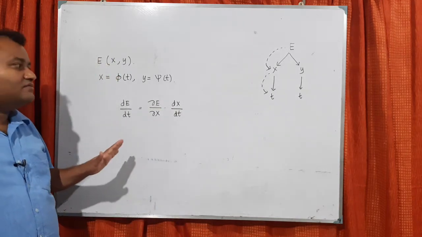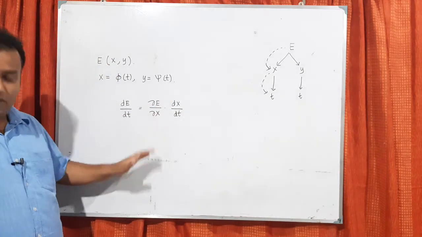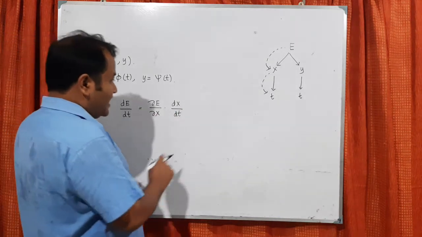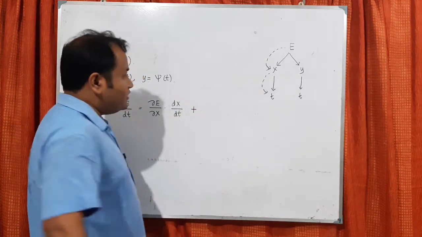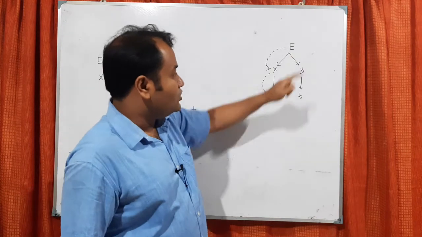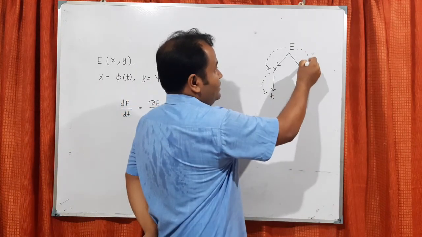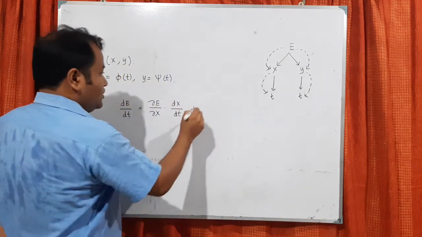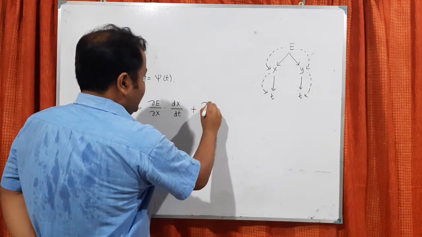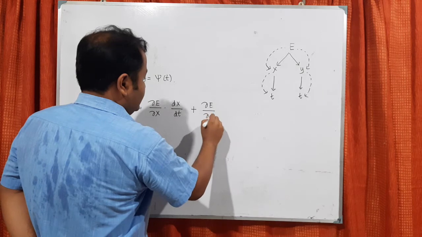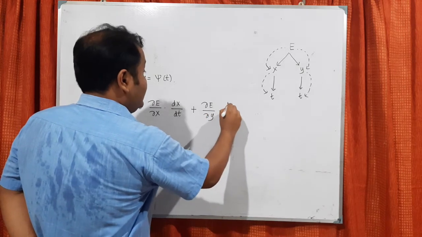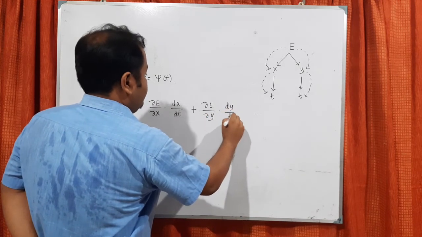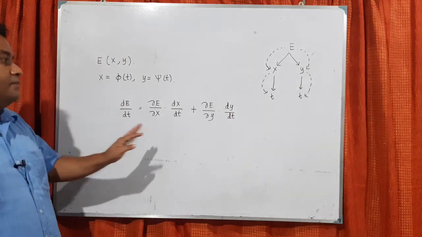I think this diagram and this one is okay. Plus the same logic is valid for y. You can go from E to y, then again y to t. So again del E del y into dy/dt.